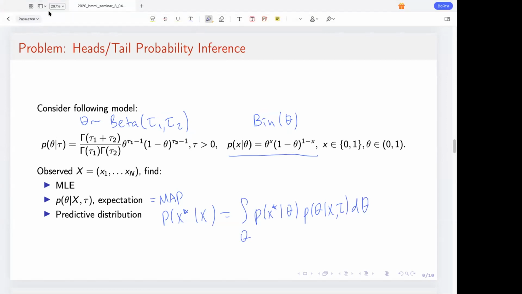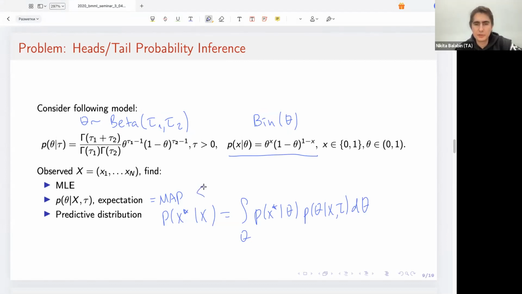In this second task, expectation of what should we find? Expectation of parameter theta with respect to the posterior distribution.